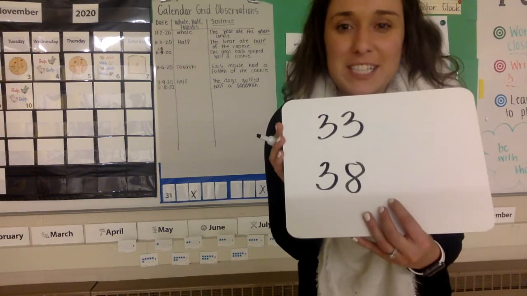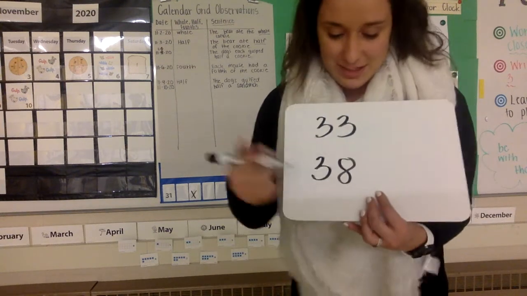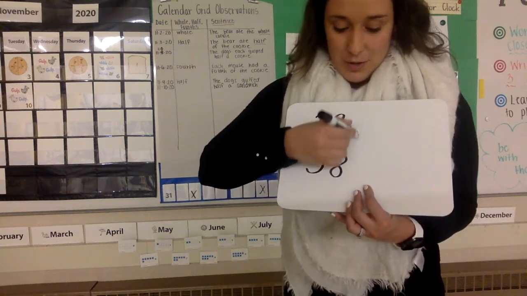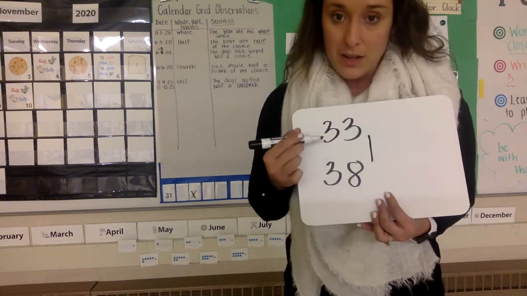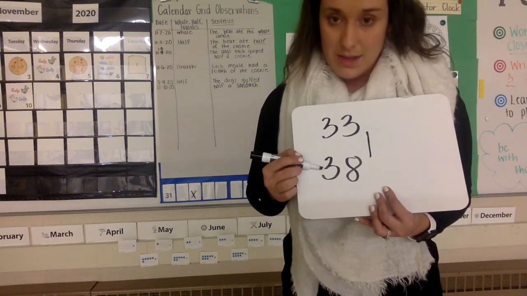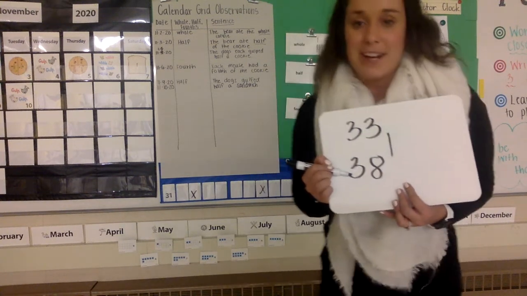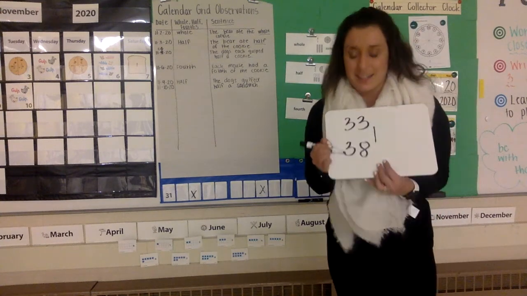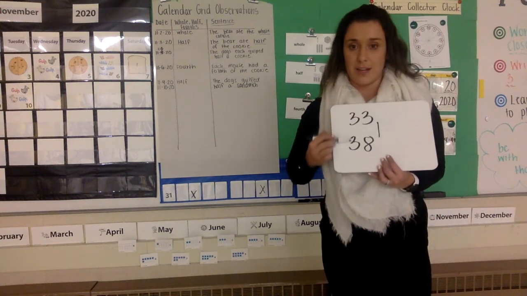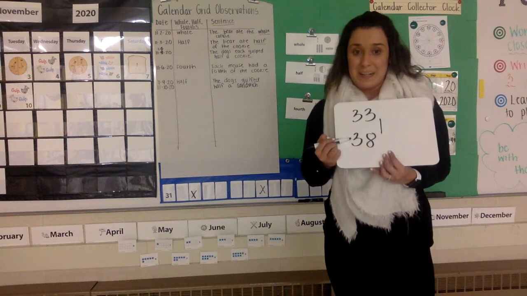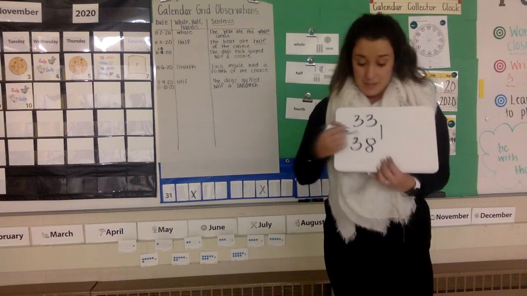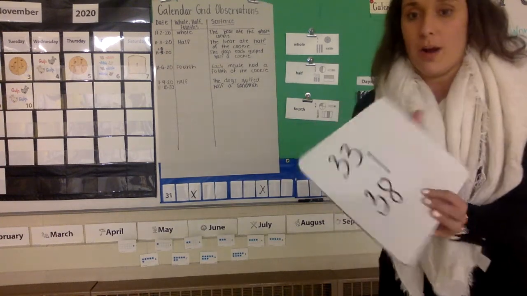But my number is smaller or less than 38. So you have to think of a number in between 33 and 38. Write down a number that you think is in between 33 and 38. Because my secret number is in between. Go ahead and do that.